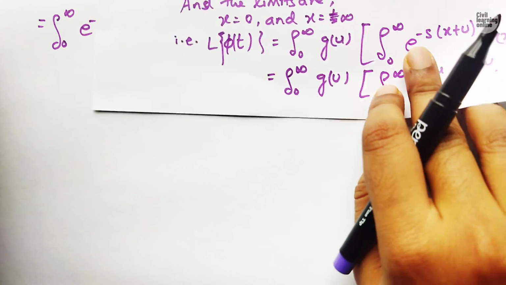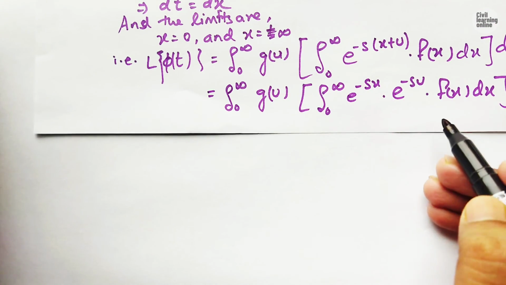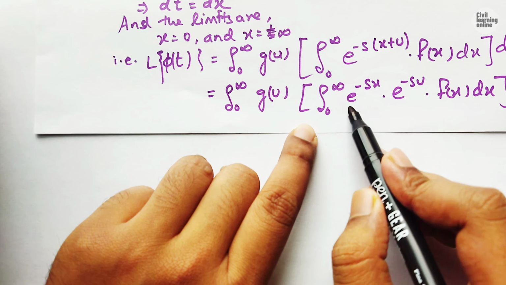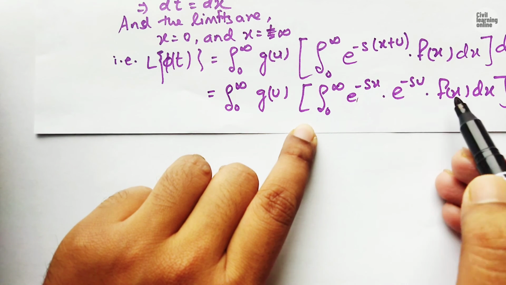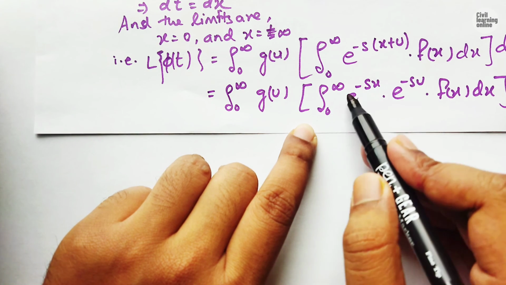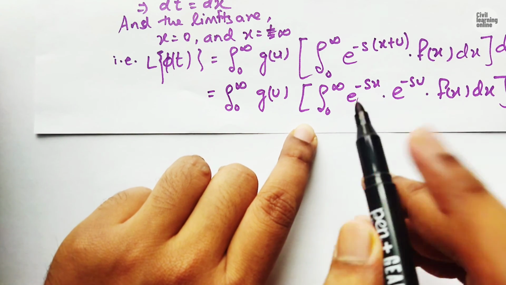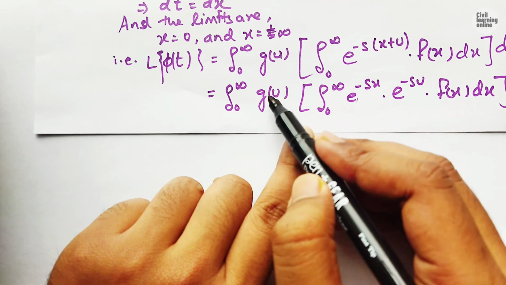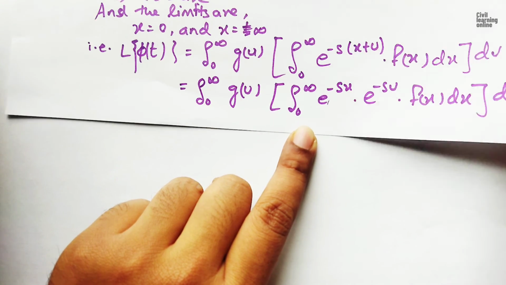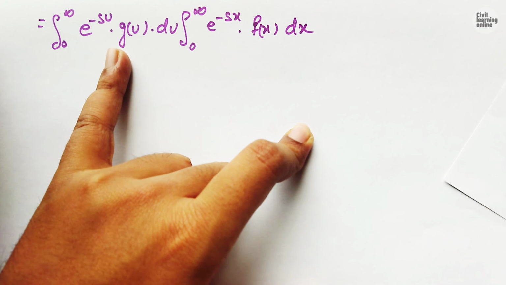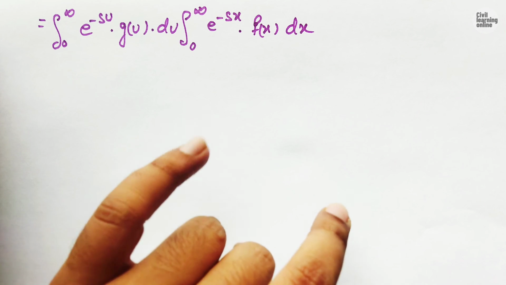What we did here is we have simply separated the terms containing s and u. This limit is for x, and this expression contains x. We have written these at one place, and this is the limit for u, so g u and du, and e to the power minus s u is written at one place so that we can do the integration.